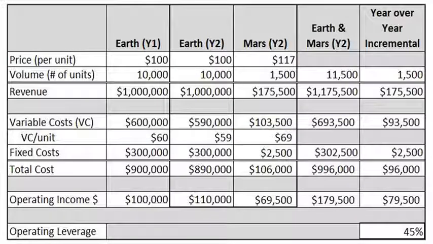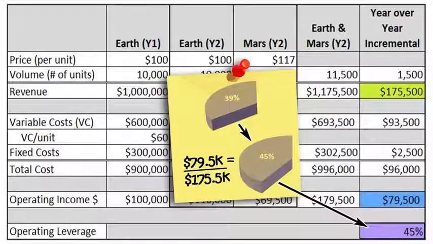The $1 per unit change results in an overall variable cost improvement of $11,500, reducing incremental variable cost to $93,500 and total cost to $96,000, while increasing our operating income dollars to $79,500. This combination improves our operating leverage and meets our target of 45%, maximizing the value of our solution.